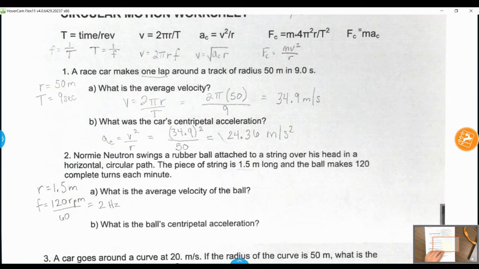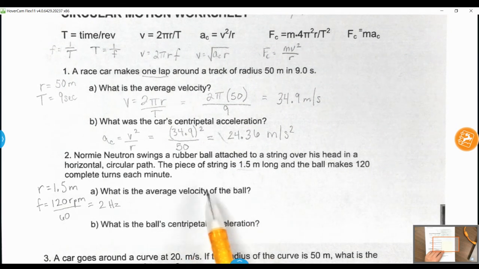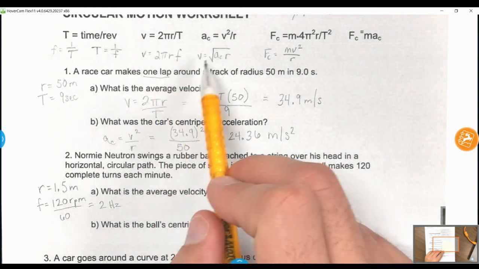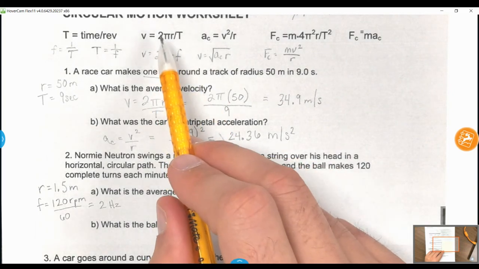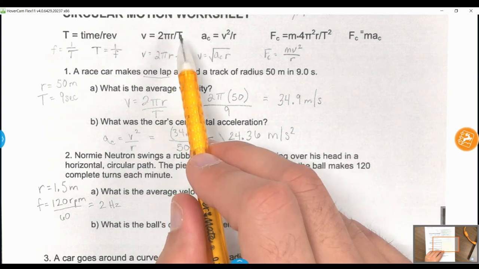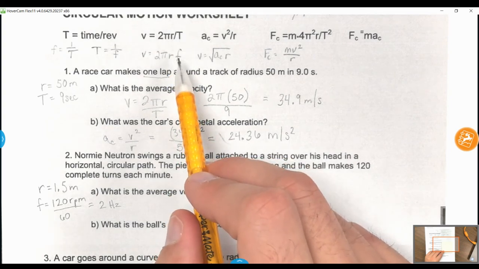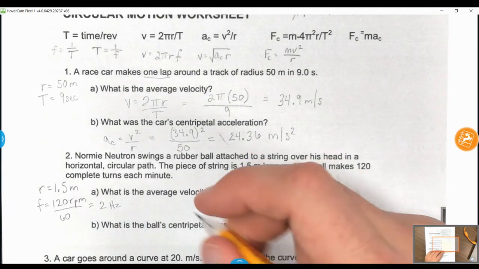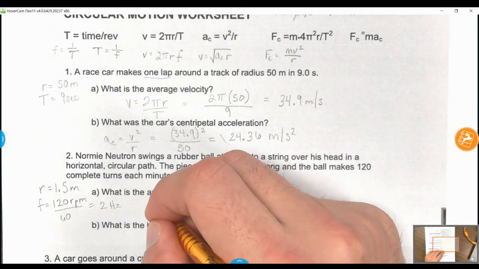All right. So what is the velocity, or average speed, or average velocity of the ball? Looking at the velocity equations up here, this one needs r and period. This one has r and frequency. Since we do have the radius and frequency, that is the one you're going to want to use.